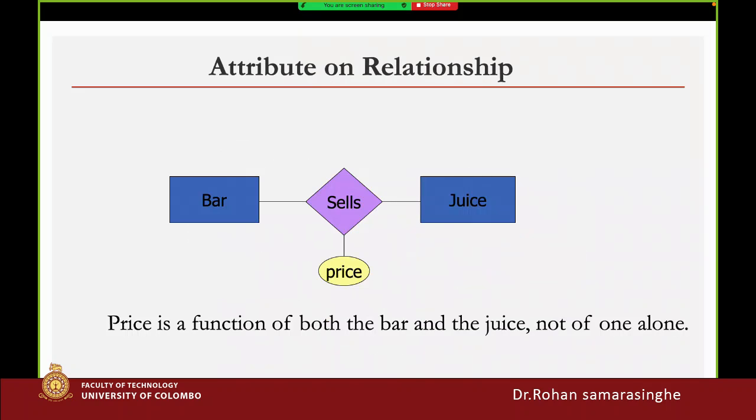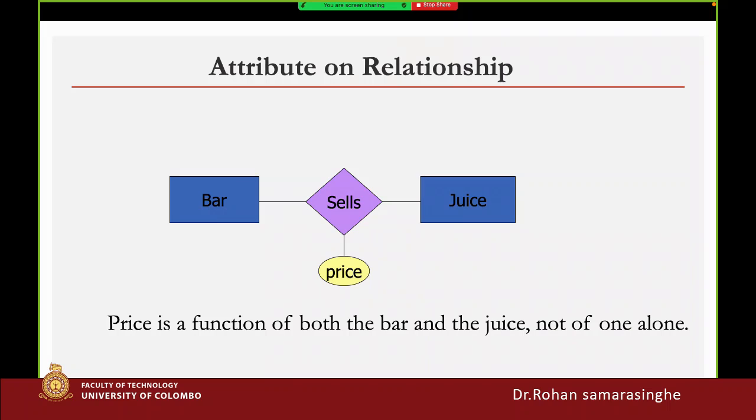Attributes on relationships: we can also write attributes on relationships to explain. The bar sells juice at this price. Bar sells apple super for 100 rupees. Price is a function of both the bar and the juice, not one alone.